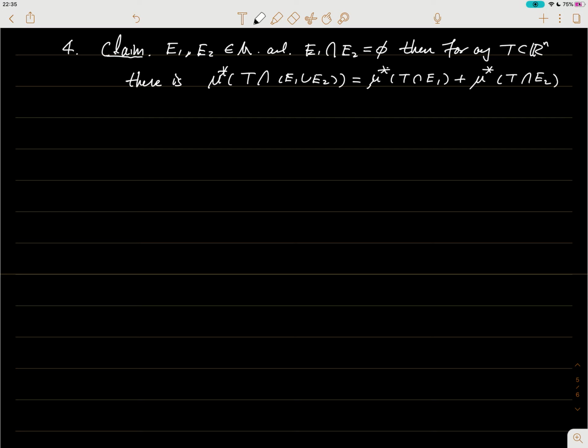Okay. So the proof is actually very simple here. First of all, we know that by the distribution law, we can rewrite the intersection of T and this union as the intersection of T and E1, union with the intersection of T and E2. Right? So that's what this term is.